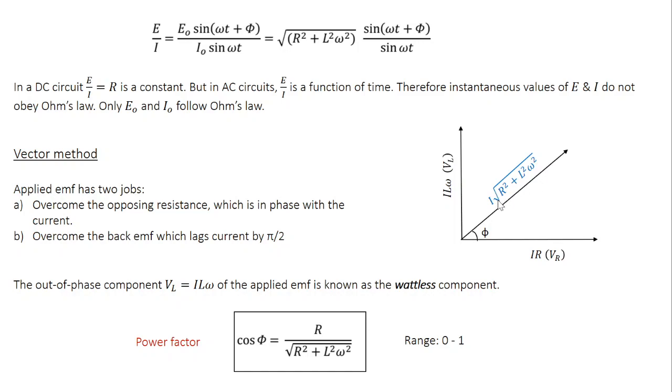The magnitude of this is current I multiplied by total resistance, which is given by the impedance, square root of R square plus L square omega square. And what is the phase relation? We know that the net voltage leads the current by an angle phi. So this is represented by this counterclockwise angle of phi between the in phase component and the net voltage component.